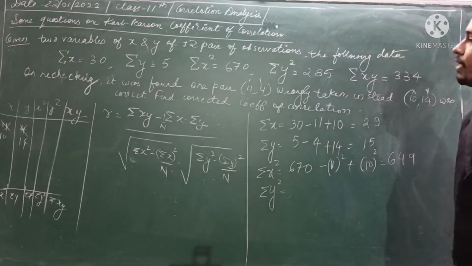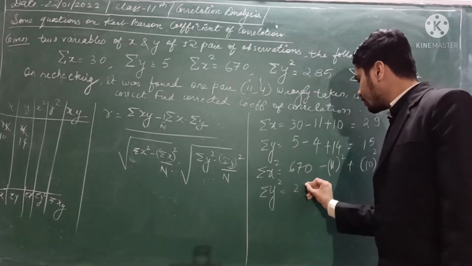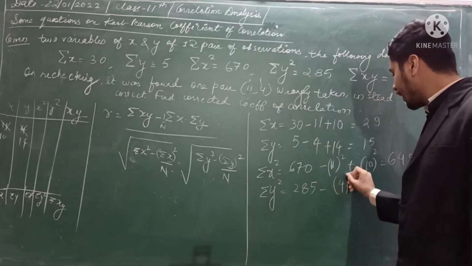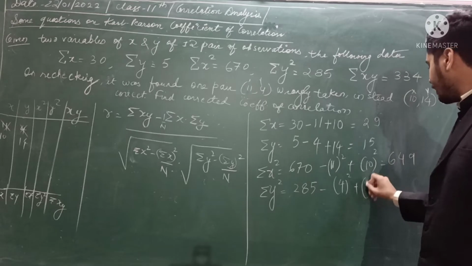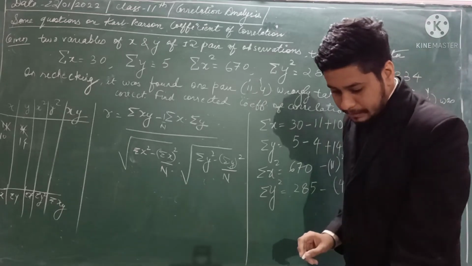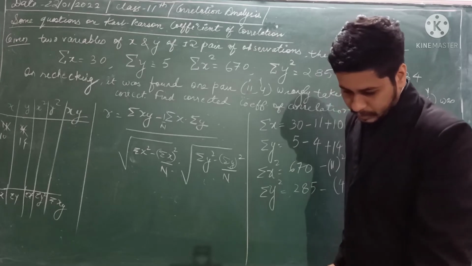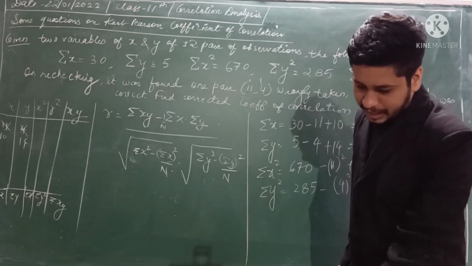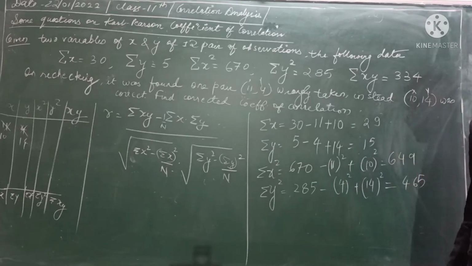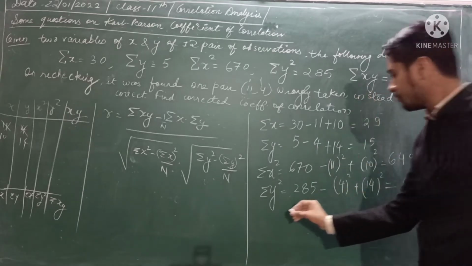Summation of y square is 285, so we subtract 4 square and add 14 the whole square. Its answer is 465. Then comes summation of xy.